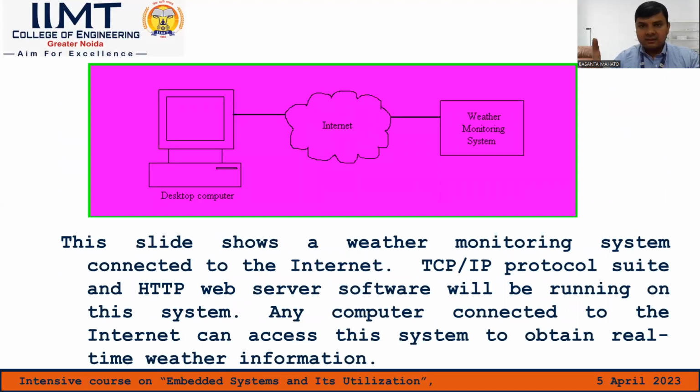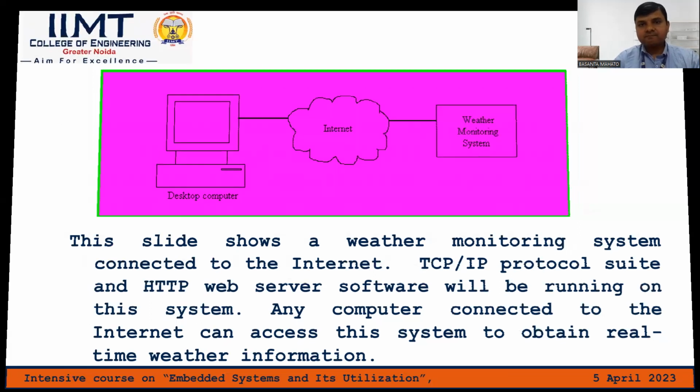We get the data through the weather monitor, and that data is sent to the computer through the internet, coming through the TCP/IP protocol suite, or the display may be through an HTTP web server running on the system. A computer connected to the internet can access this system to obtain real-time weather monitoring information. So these come under networks.